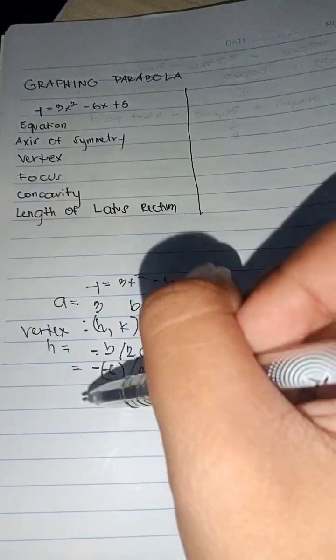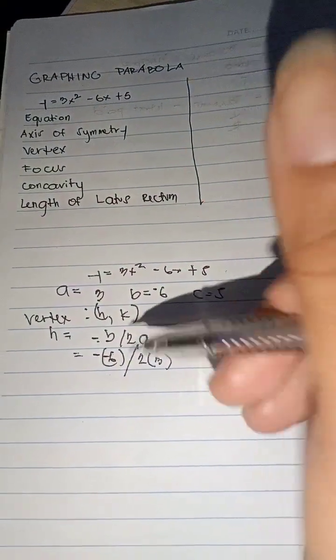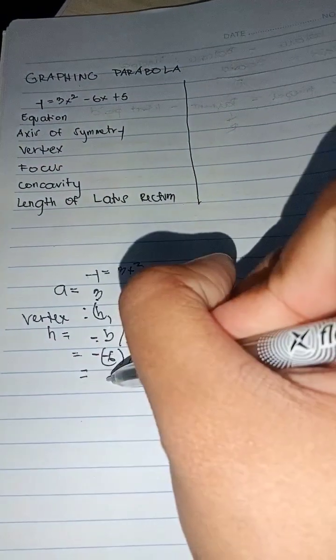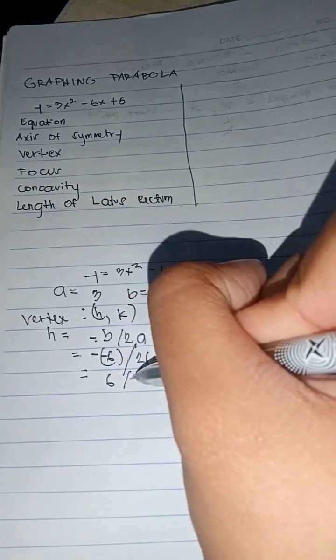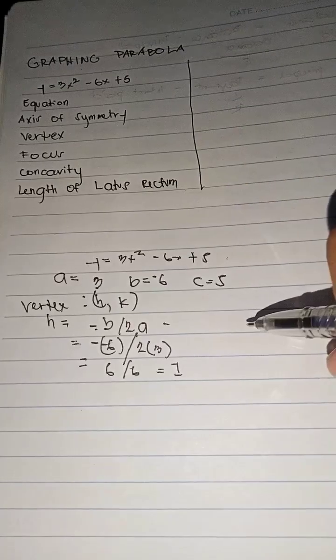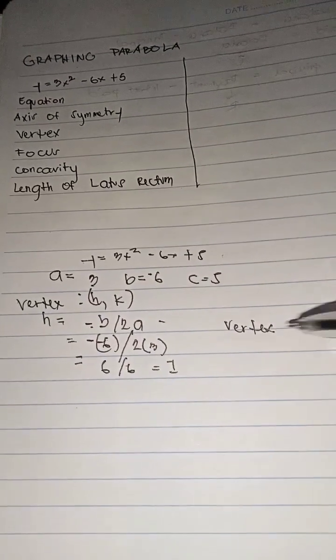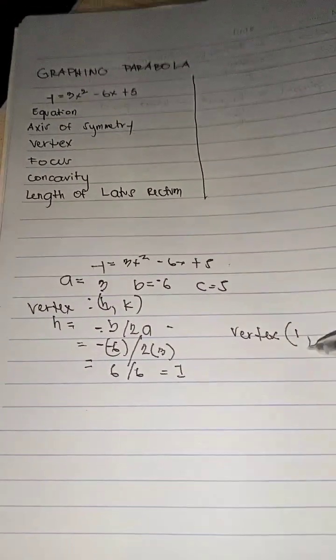So 6 over 6 will be 1. So our h in our vertex is 1.